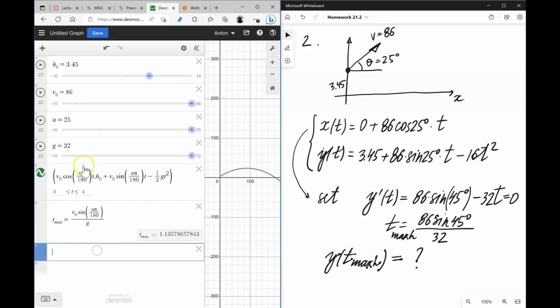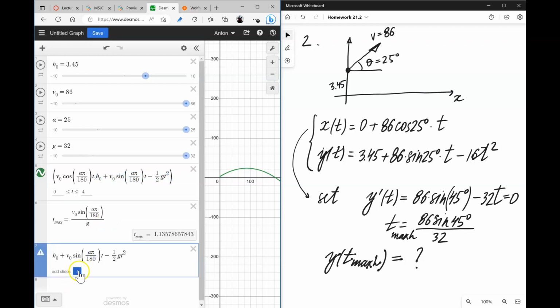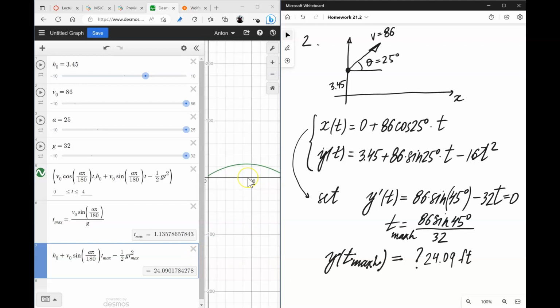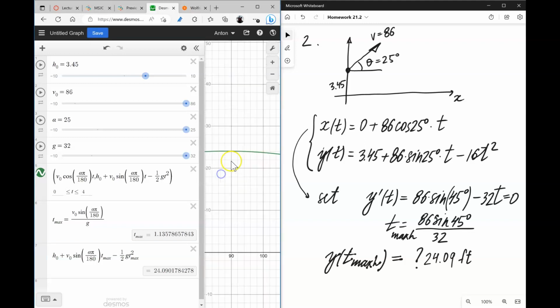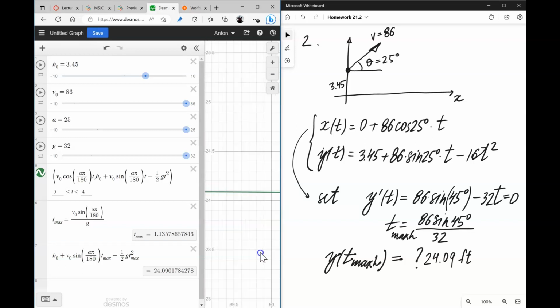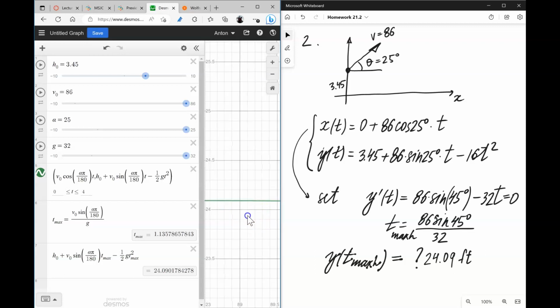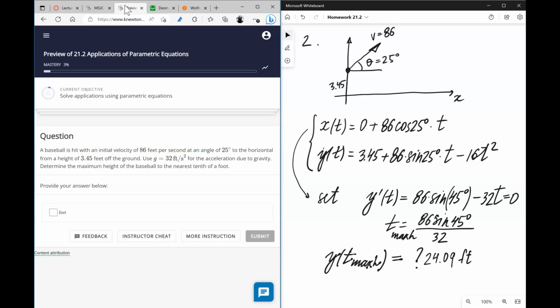And now I just have to evaluate this function at t max. And that's the answer. So the maximum height is going to be 24.09 feet. Is that kind of what we observed? Yeah, pretty much. So the answer would be 24.1.